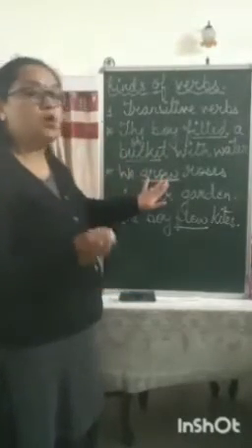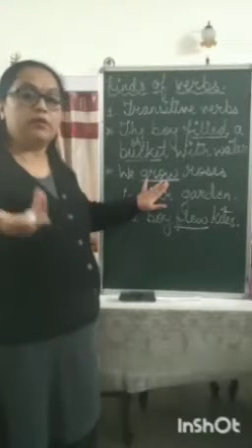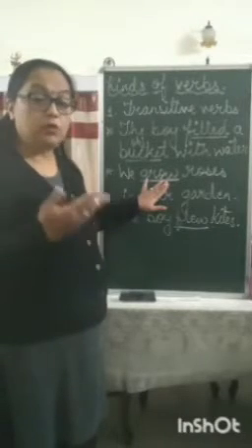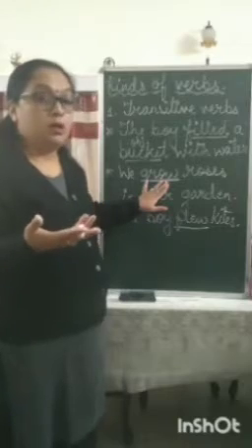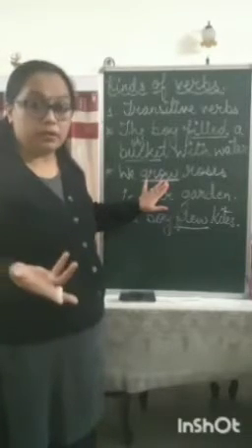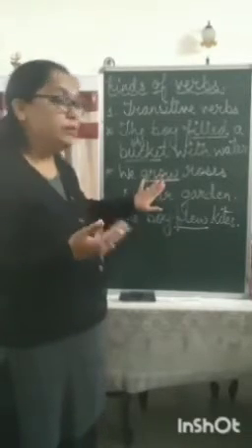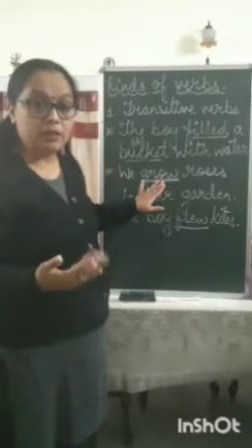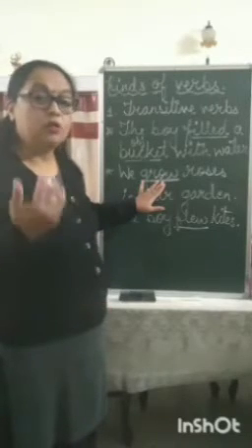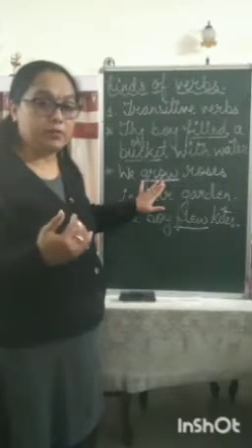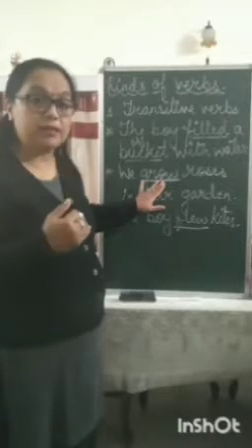Similarly, we grow. If we say we grow, we grow what? We grow vegetables, we grow crops, we grow what? So when a verb requires an object to complete its sense, those verbs are called transitive verbs.